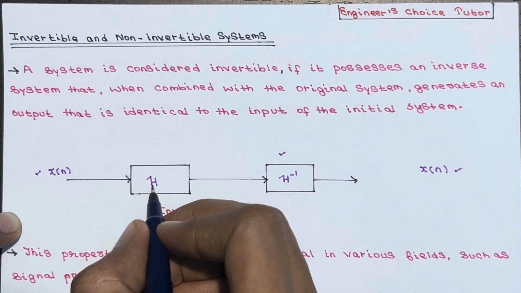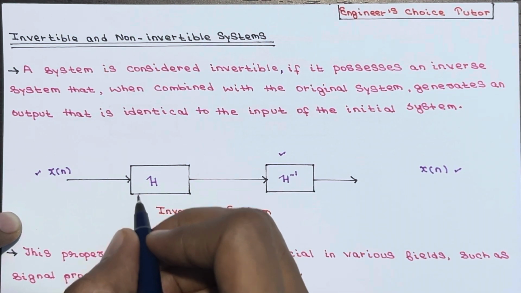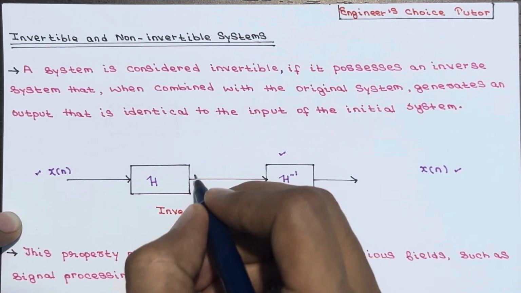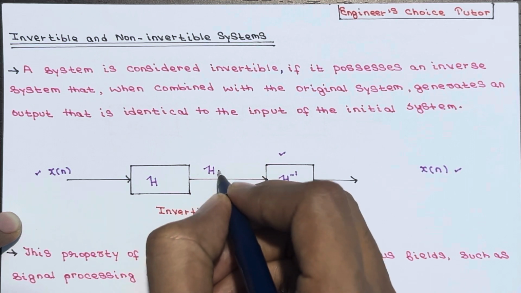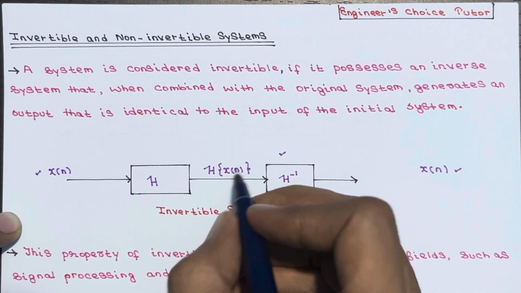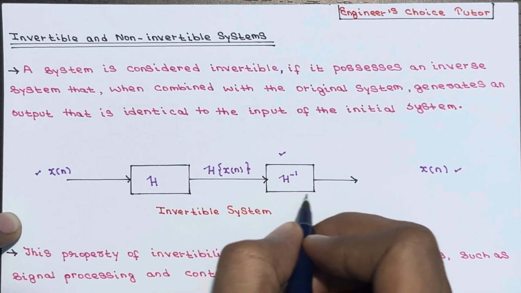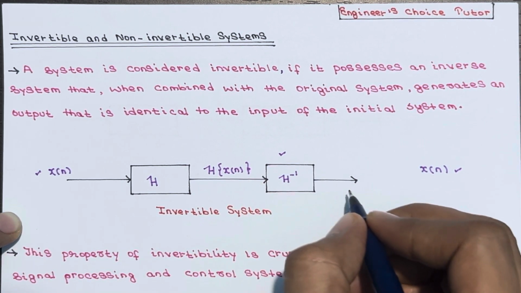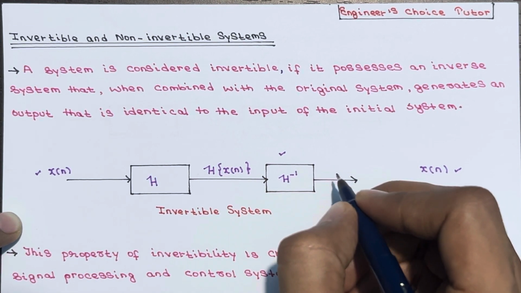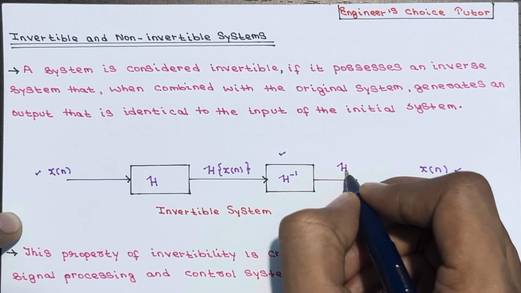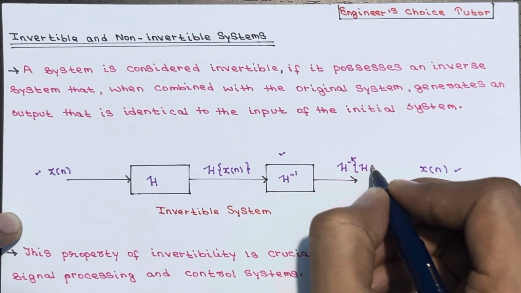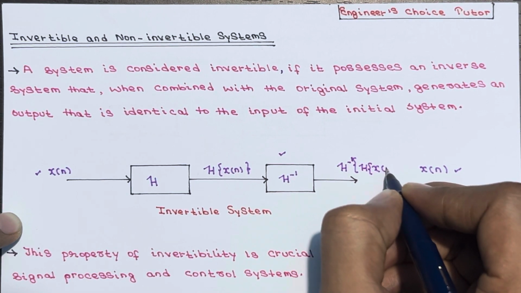So this is the first system, and x of n is applied to this, so the output will be the transform of x of n, right? And this is acting as an input to this inverse system, and this inverse system will give you the output, which is the inverse transform of the transform of x of n.